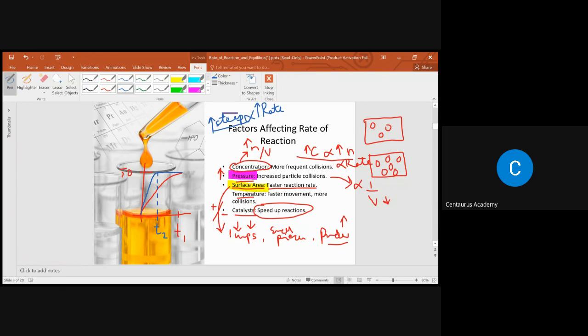The steepness is determined by the gradient of the curve. In other ways, you can say that the gradient of the curve determines the rate of the reaction, and this can be determined from the graphical representation by looking at the gradient of the curve. Okay, is this point clear so far?